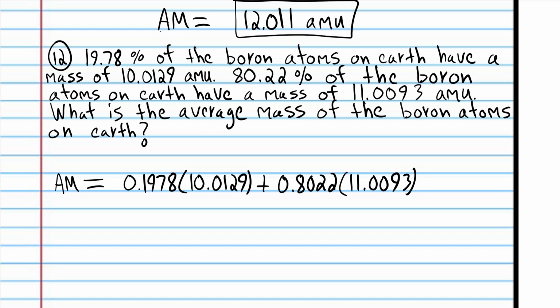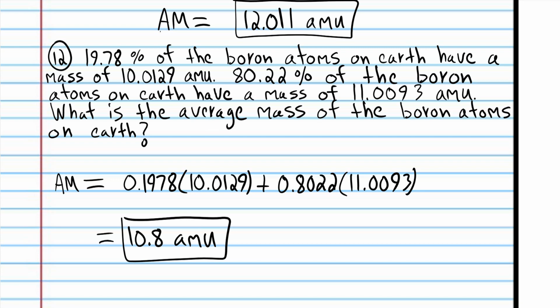So let's do the calculation. Remember to double check all your numbers that we're entering into the calculator. It's very easy to enter a wrong number. So we got 10.8. 10.8 AMUs.